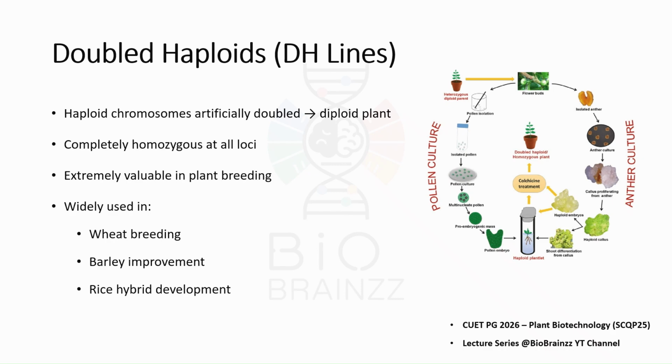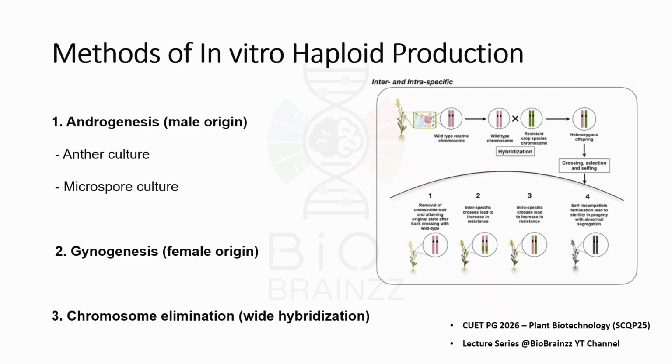Doubled haploids are completely homozygous at all genetic loci, making them ideal for plant breeding programs. They are widely used in crops such as wheat, barley, and rice because they provide genetically stable and uniform lines quickly.